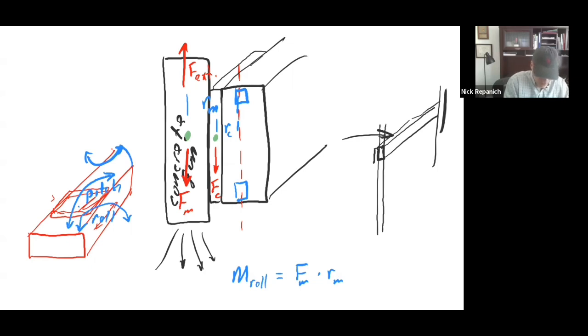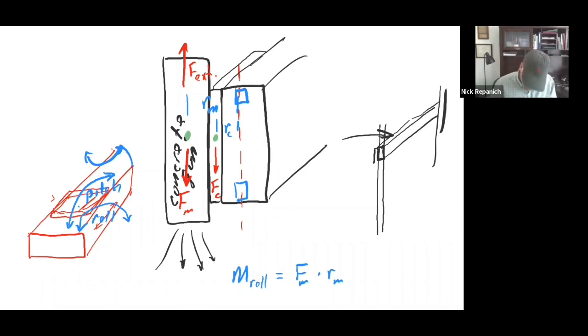This is going to be the mechanism, and you would actually look up for this set of mechanics how much moment in the roll direction this bearing can have. For instance, it might handle force in this direction, it might handle force in this direction, and it might have a moment.